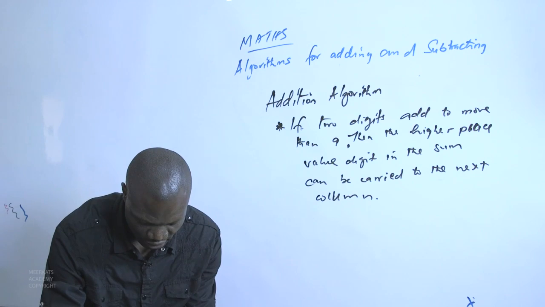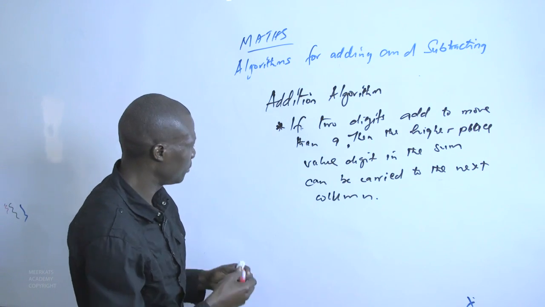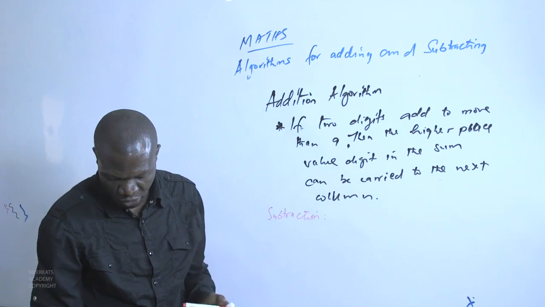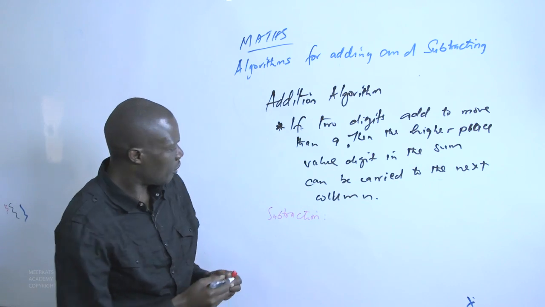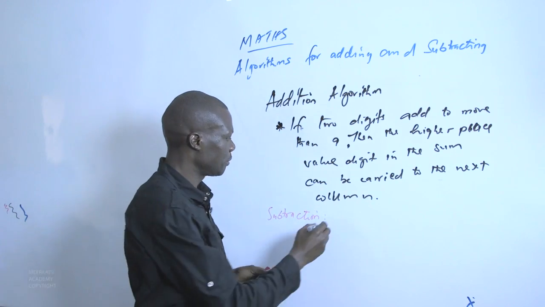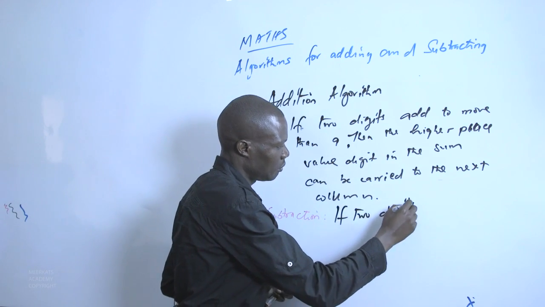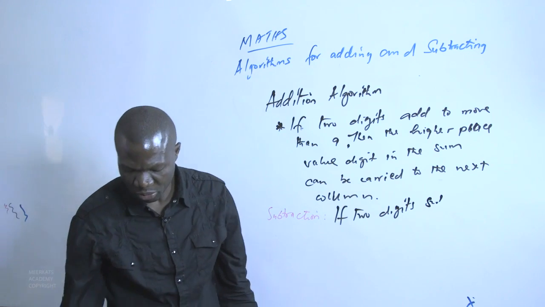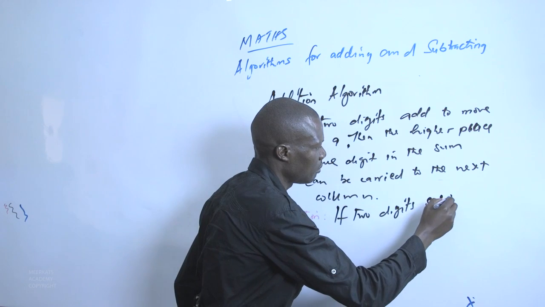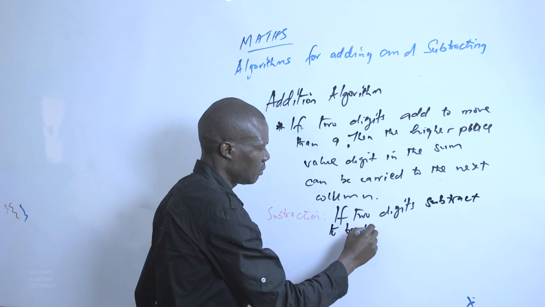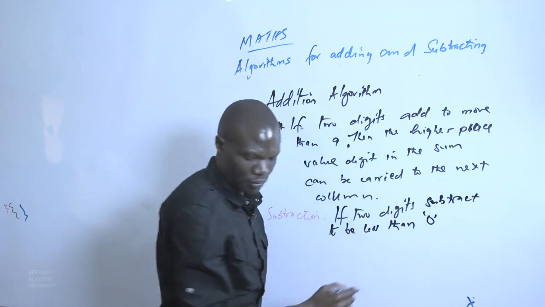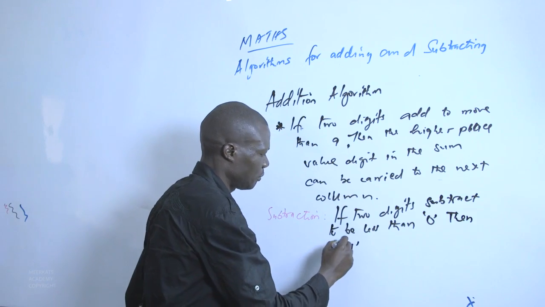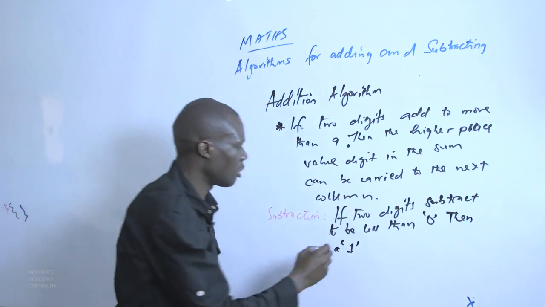But when we look at subtraction, for the subtraction algorithm, we shall find that if two digits subtract to be less than 0, then a 1 can be borrowed from the next column.